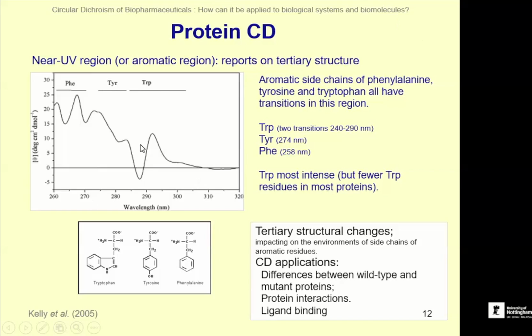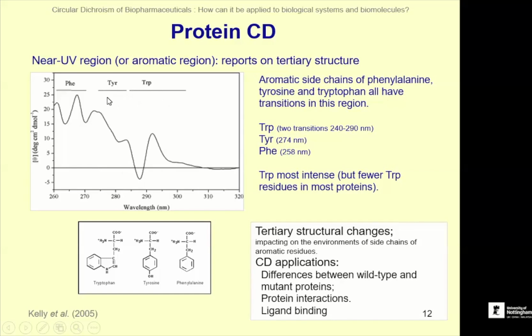So there are different regions of the spectrum that are specific for different aromatic residues. So the phenylalanines are in the 260 nanometer range, tyrosines from 272 to 300 nanometers, and tryptophans a bit later in the higher wavelengths from 280.